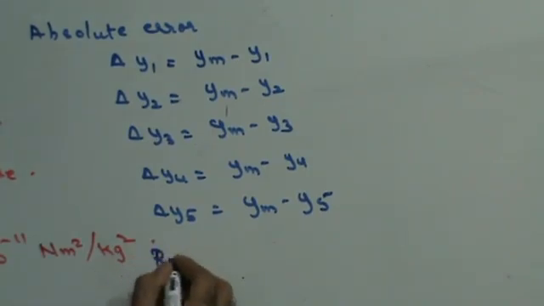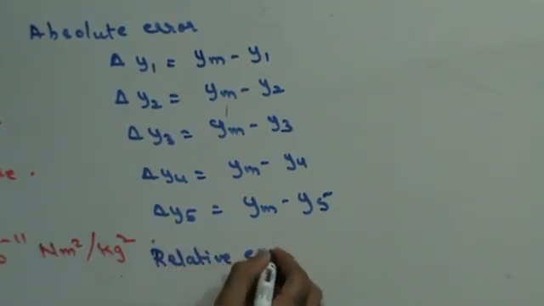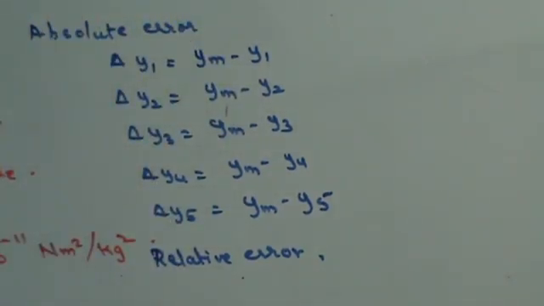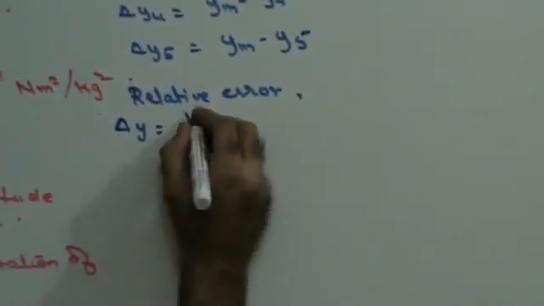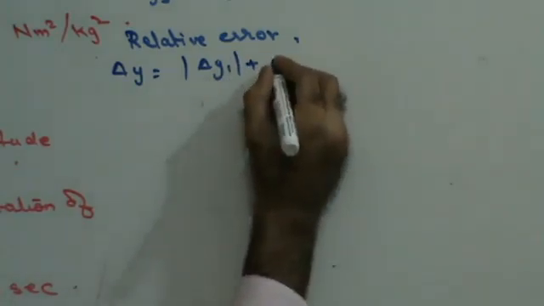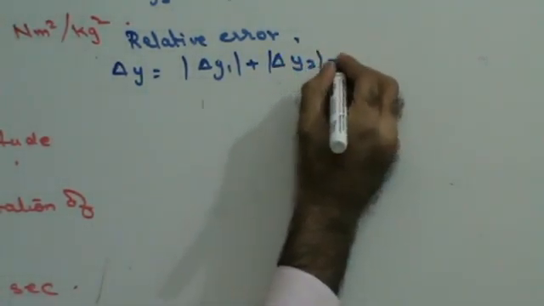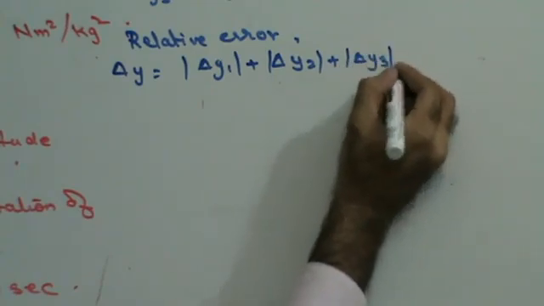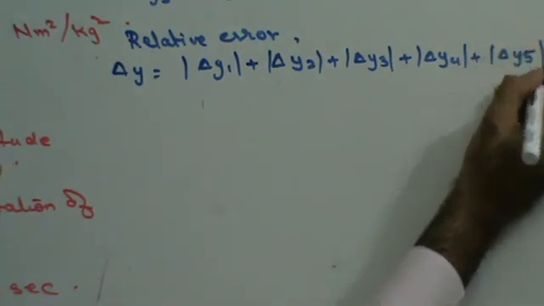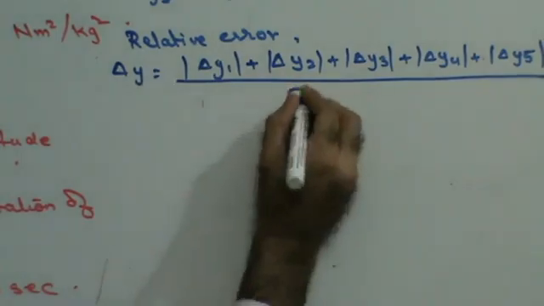Then, relative error. Relative error is nothing but the mean of the absolute errors. So how do I write this? Relative error is modulus of delta y1, that means whether I've got the value of delta y1 positive or negative, I will take the positive value, plus modulus of delta y2 plus modulus of delta y3 plus modulus of delta y4 plus modulus of delta y5, divided by 5.